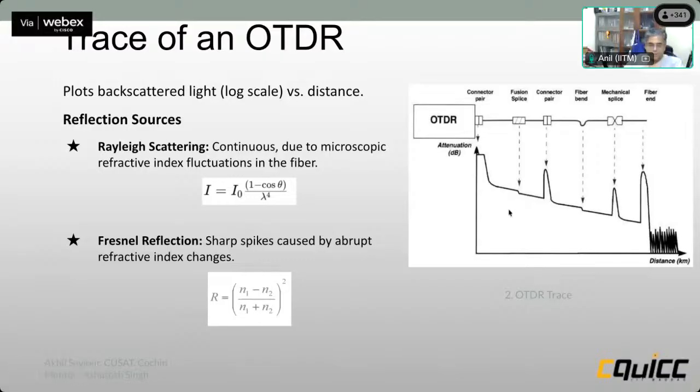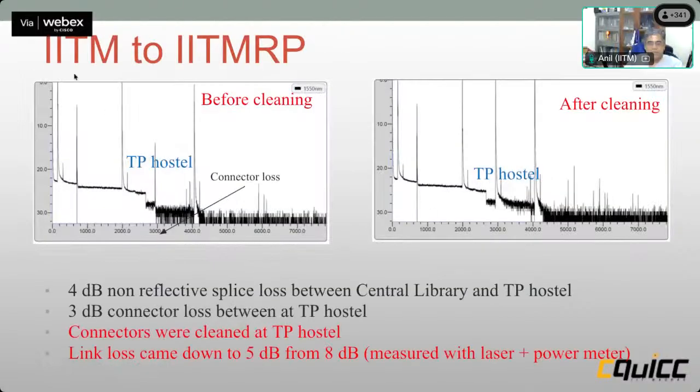So this is just a textbook picture, but if you look at the fiber between IIT Madras and IIT Madras Research Park, you will see at the hostel there is a huge reflection. There's a connector loss about 3 kilometers away, which we cleaned up, and once we cleaned it, we couldn't see it out here. So you'll see the number of connections that we have.